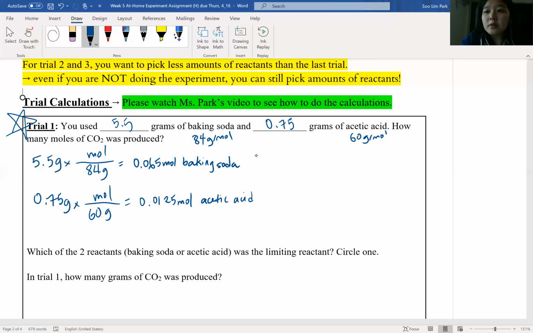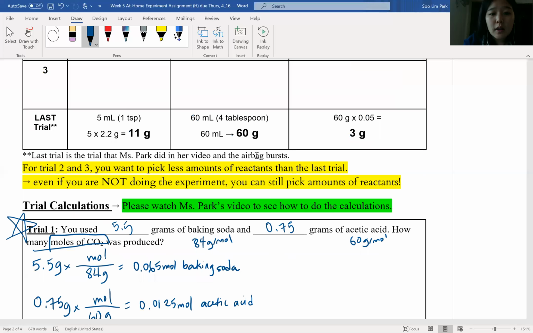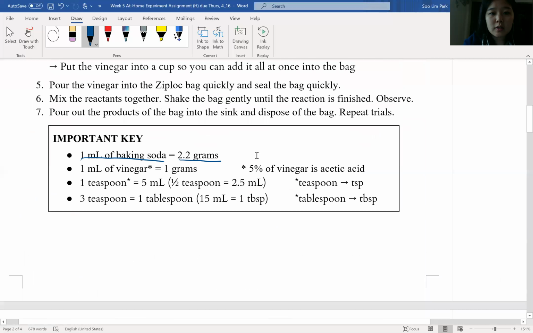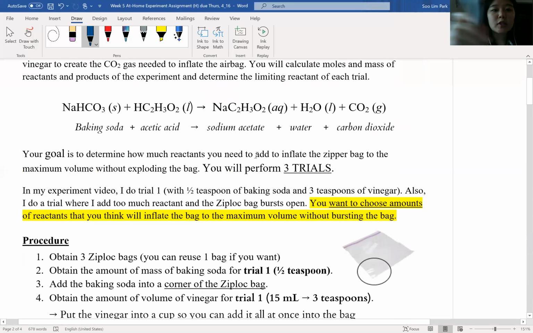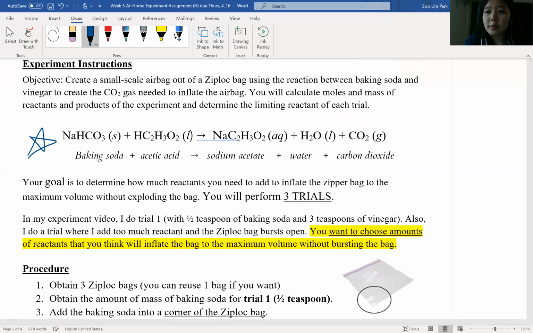All right, the question is asking how many moles of CO2 were produced. So we're trying to convert the moles of baking soda to carbon dioxide and then the moles of acetic acid to carbon dioxide. So we have to do a mole ratio. If you did your pre-experiment questions, let's go back to the equation. This is our recipe for the reaction, and all the reactants and products are in a 1 to 1 to 1 mole ratio.